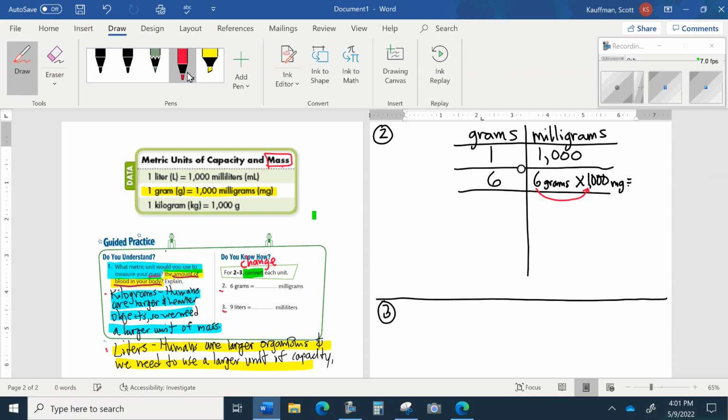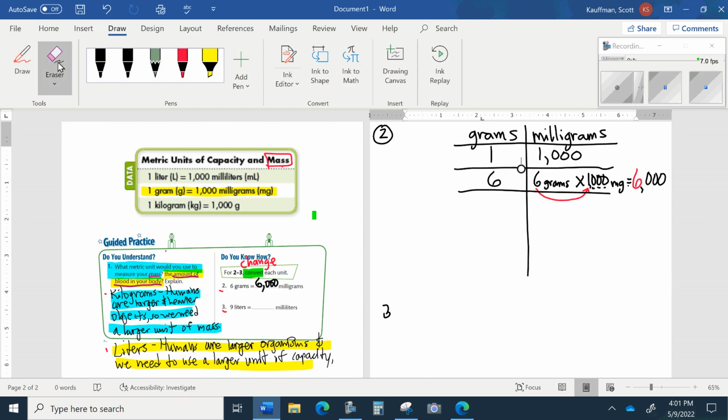We're going to multiply 1 times 6, which we know is 6. And then we're simply going to count our zeros. And 3 zeros is like multiplying by 1,000. So we can say 6 grams is equal to 6,000 milligrams. Fantastic. Just like we've been doing with everything else.